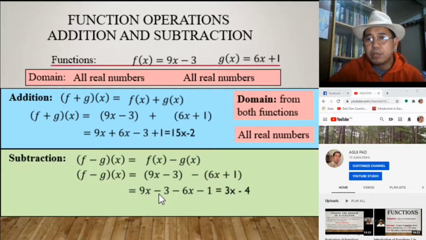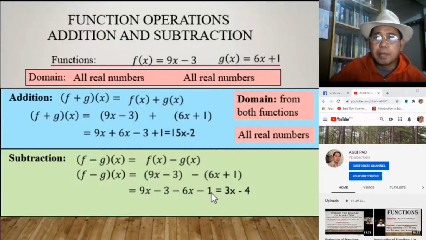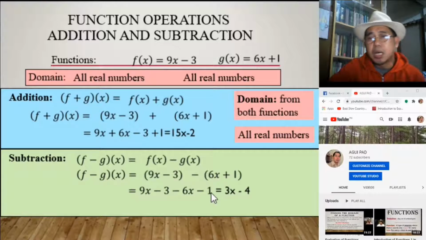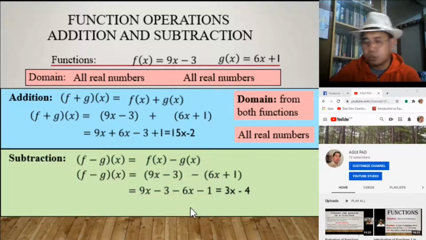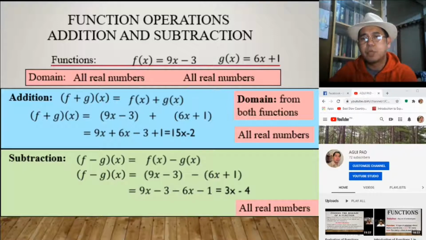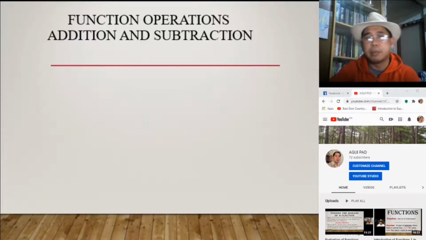We have in here negative 3 and negative 1. Combine the numbers, which is negative 4. So the result would be 3x minus 4. So again, the domain of this result will be all real numbers.